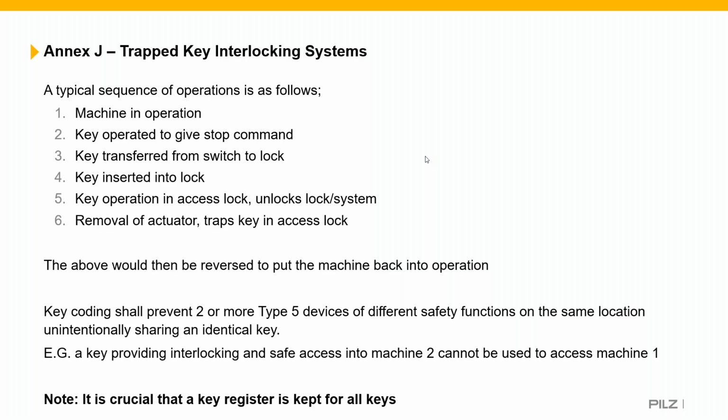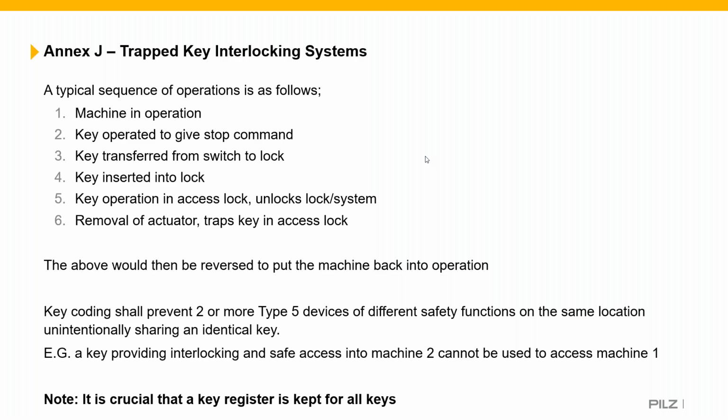The key goes into the lock and is then operated, which will unlock the system of the lock itself to allow access. Once we open that guard and we remove the actuator, it can trap the key in the access lock. And then what we would have is a reversal of that to put the machine back into operation.